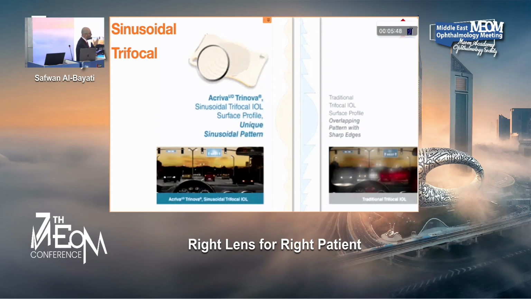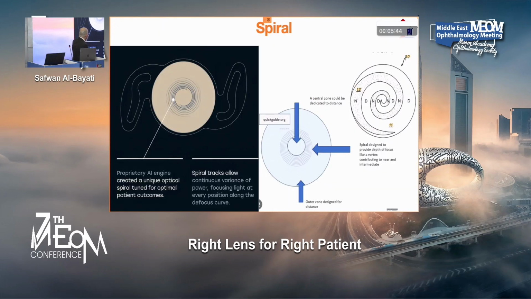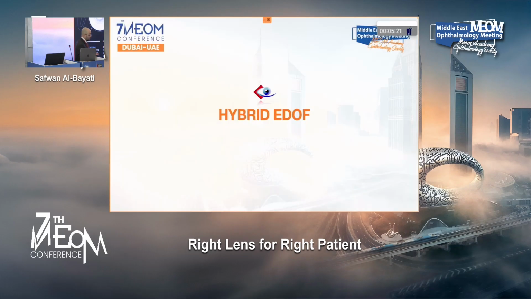Why? Because the A constant is still not fixed. The other one, Spiral, Galaxy. They are good names. It's a spiral name. But whether it's approved that it will change the concept of the halos at night, it's still not. Second is whether we will have a myopic shift with all our tools to have emmetropia, it's not fixed. Then hybrid EDOF.